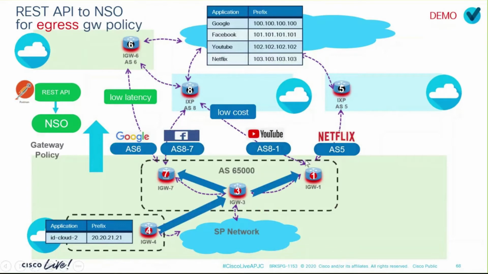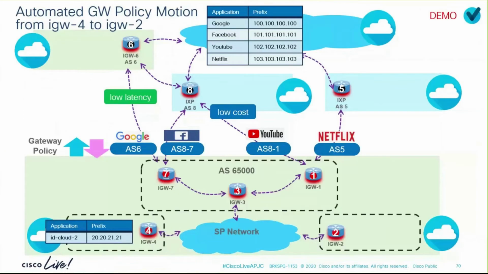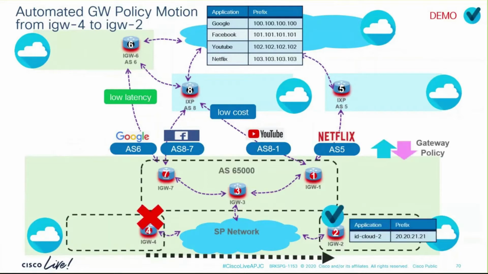The motion of the gateway policy happens when gateway 4 fails. Maybe it's a site failure, link failure, or router failure. So we want a very immediate router takeover of this function. In this case, it is router 2, and we will automatically swing all the gateway policy to router 2.